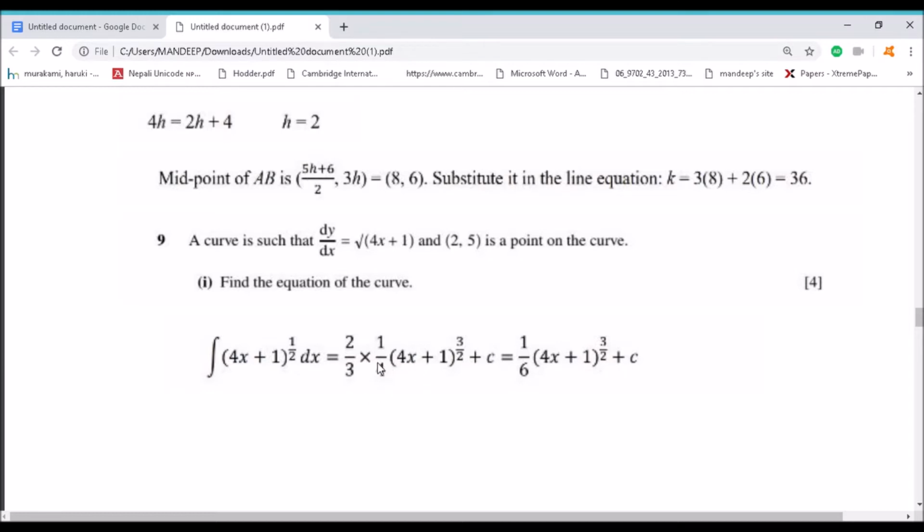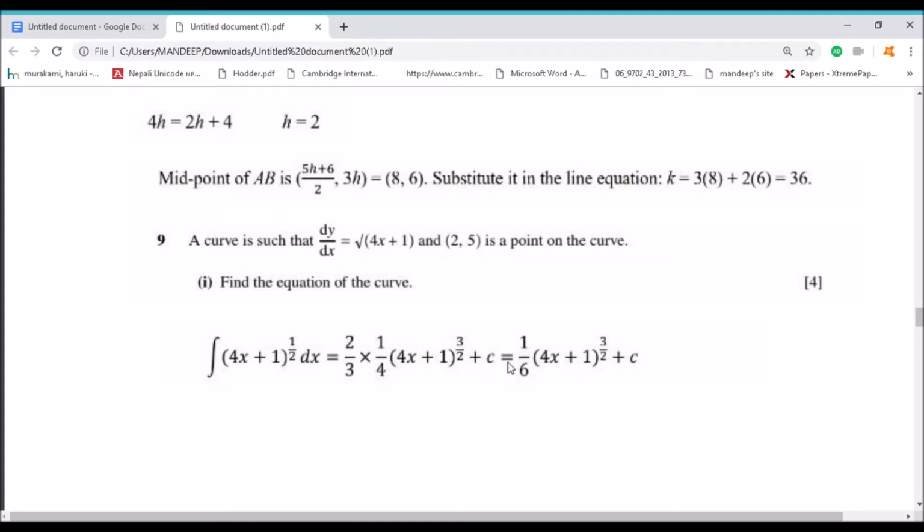Also we have to divide the integration by the derivative of the inside, so the derivative of 4x is 4, so it will be 1 over 4, plus c. So do not forget to write the constant c, because that's very important. You might even lose at least 2 marks from here if you forget to write the c.